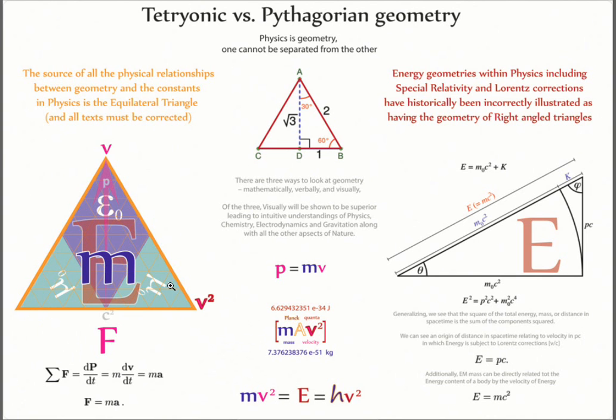We can relate the scalar energies of any field of force or any field of mass energy to Planck's constant and obtain frequency wavelength relationships for this velocity and the velocity changes. And of course this allows us to define mass, energy and matter within physics on geometric terms rather than mathematical.